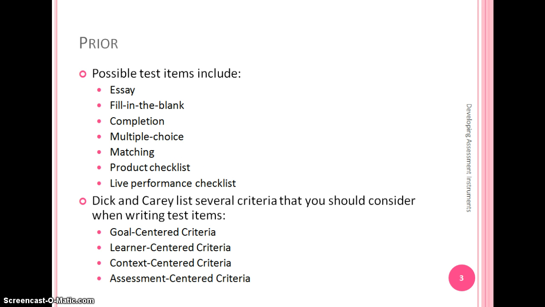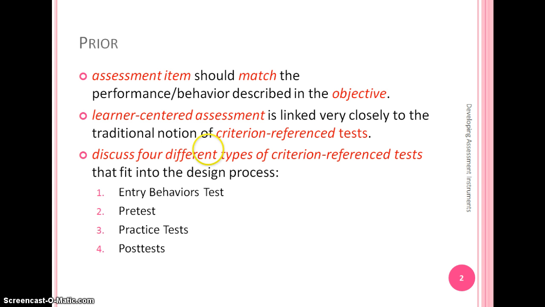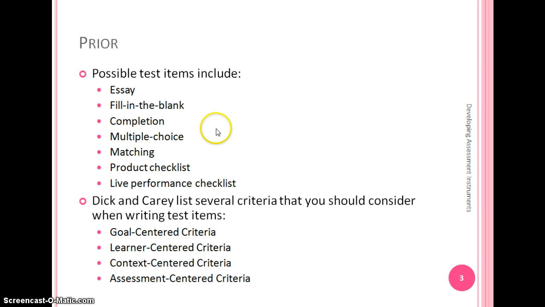Apart from that, we have also looked at possible test items. For every single one of these, you can use either essay, fill in the blanks, completion, multiple choice, matching, product checklist, or live performance checklist.